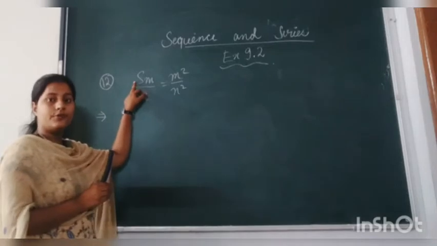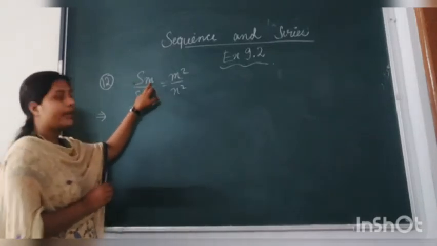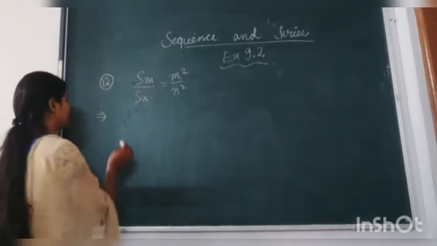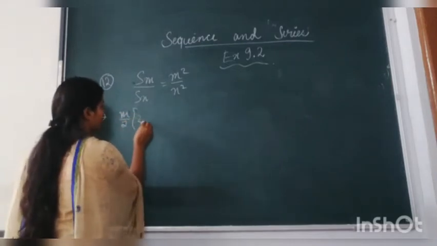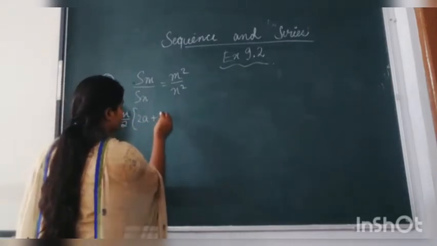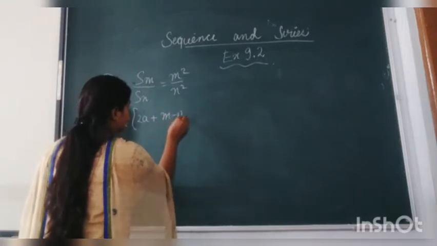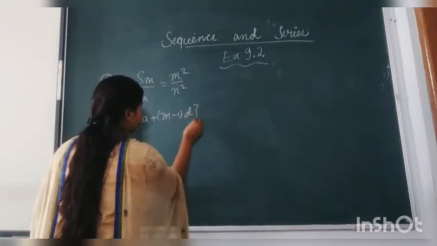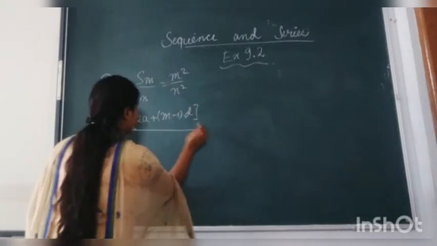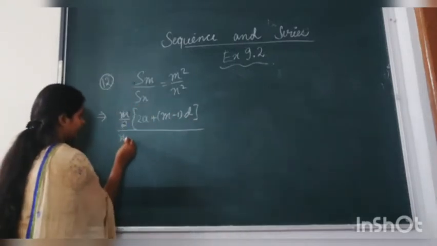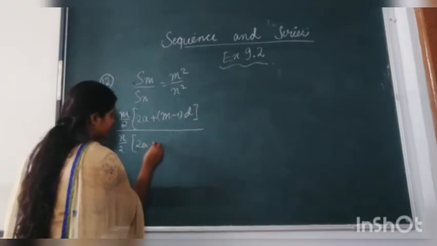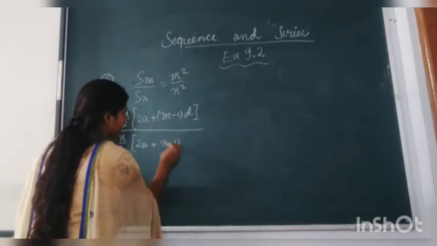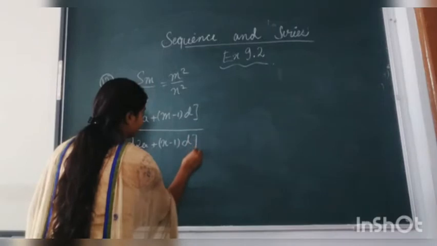We know the formula for the sum of m terms of an AP. What is it? m by 2, 2a plus m minus 1 d. And on this side for Sn, n by 2, 2a plus n minus 1 into d.